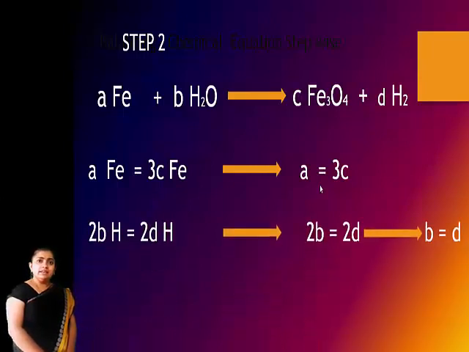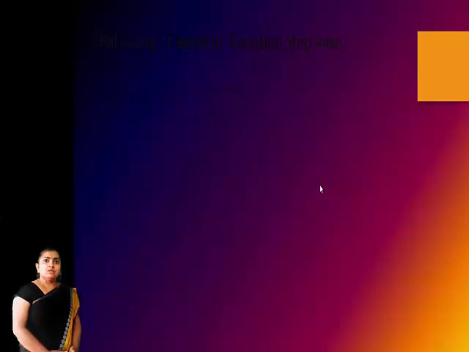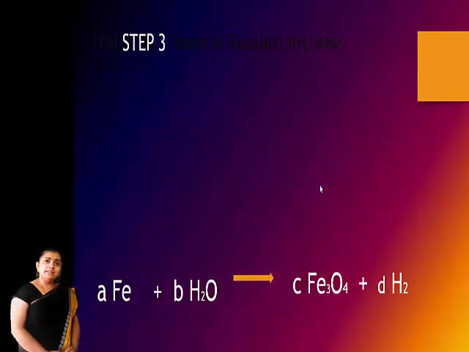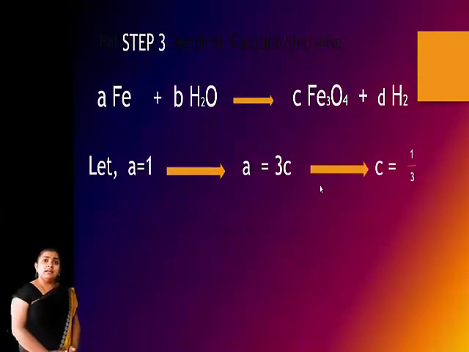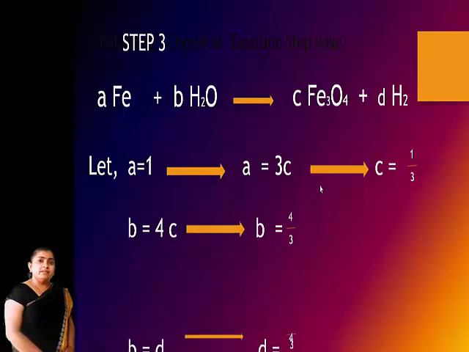Similarly, we can write 2b equal to 2d for hydrogen and b is equal to 4c for oxygen. So we have b is equal to d. Let a be equal to 1. Then c would be 1 by 3 from the above equation, and b would be 4 by 3.